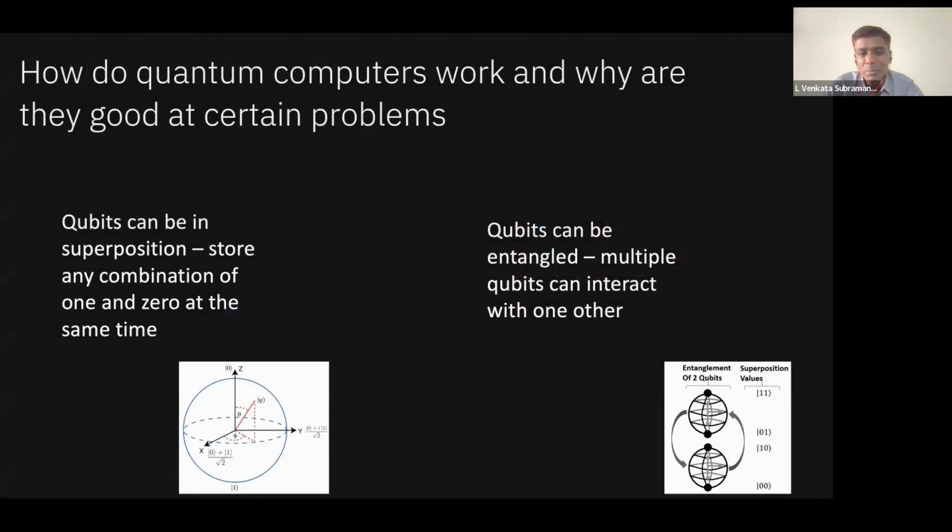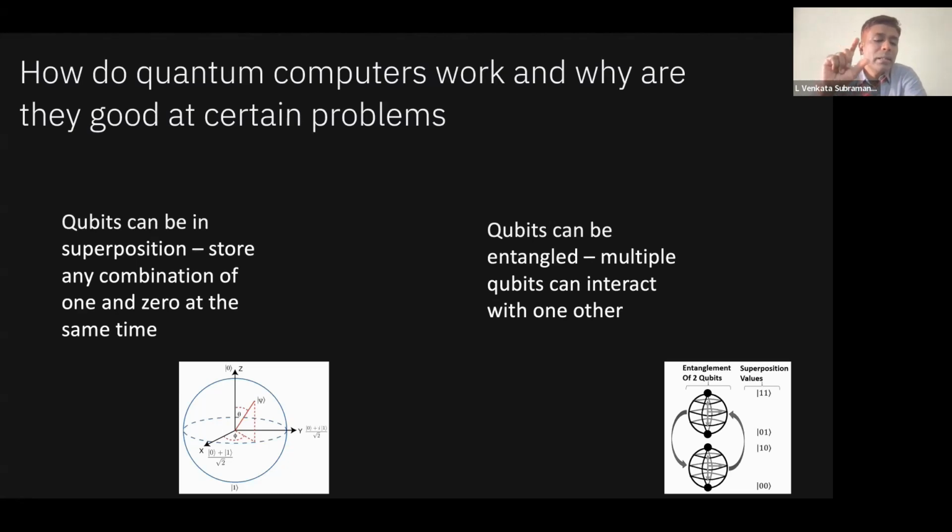Just to go a little bit deeper into what these qubits are, they have special properties. Qubits can be placed in what is called a superposition state, and they can be put in a state called entanglement. What is superposition? I saw on that word cloud that some of you already know this, but we'll just revise it.